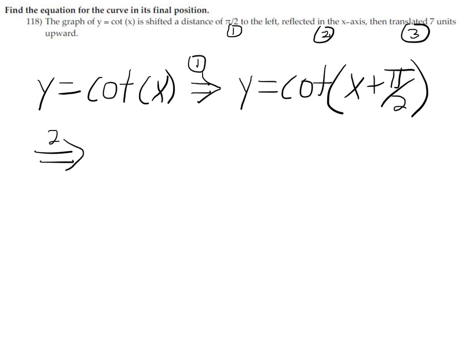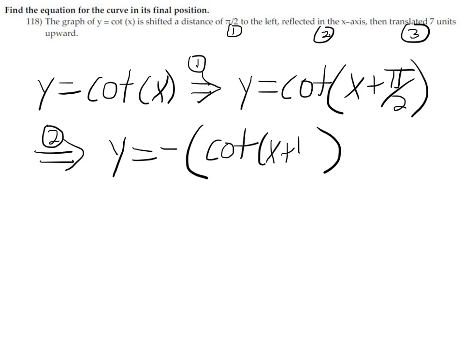Okay, the second, reflected in the x-axis changes the whole function. To do an x-axis reflection, you change the y value. So this will change the whole function on the right to y equals negative cotangent of x plus pi/2. And that just simplifies.